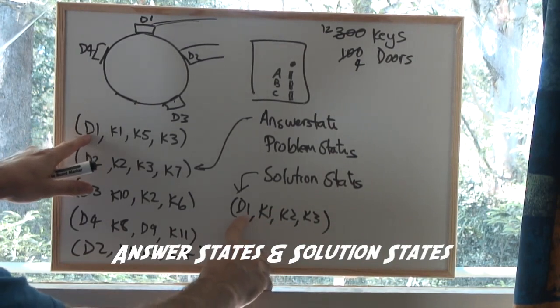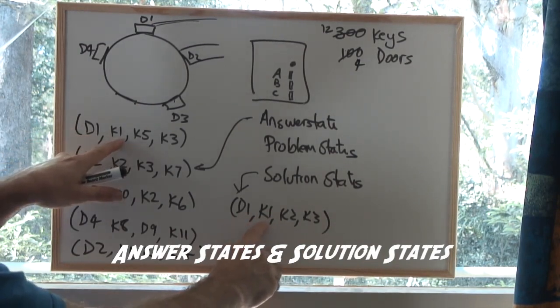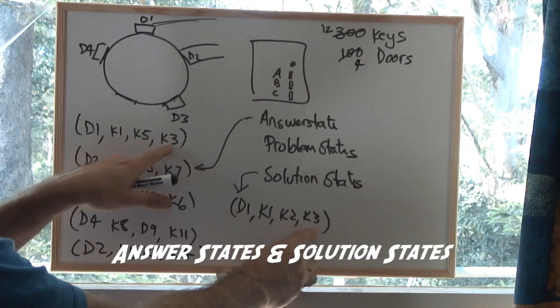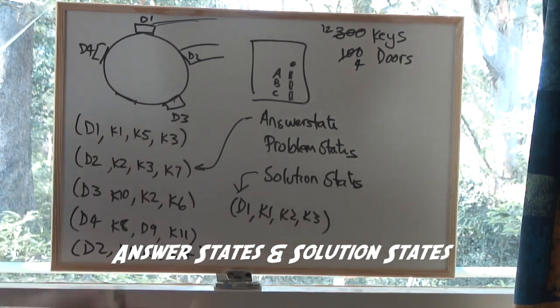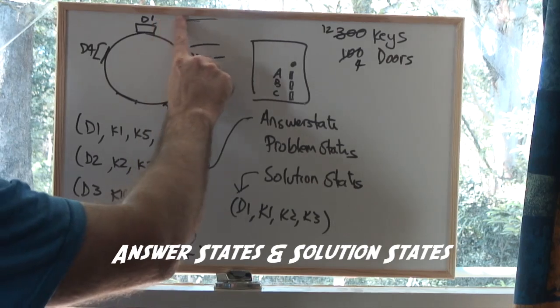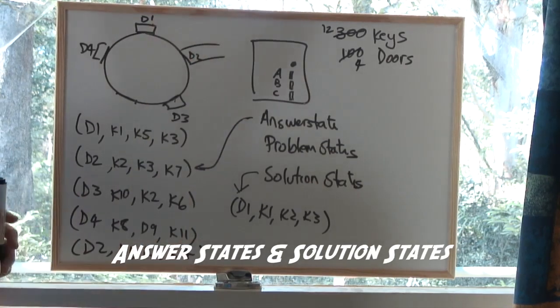We'll go to door 1. Key 1 will open the first lock. Key 3 will open the third lock, but key 2 will not open the second lock. So it won't open the door and we won't be able to escape. And in fact, if there was no corridor there, even if it did open the door, we wouldn't be able to escape. But from simply looking at it syntactically, it looks like it could be a solution, so we call that a solution state. How many solution states are there?